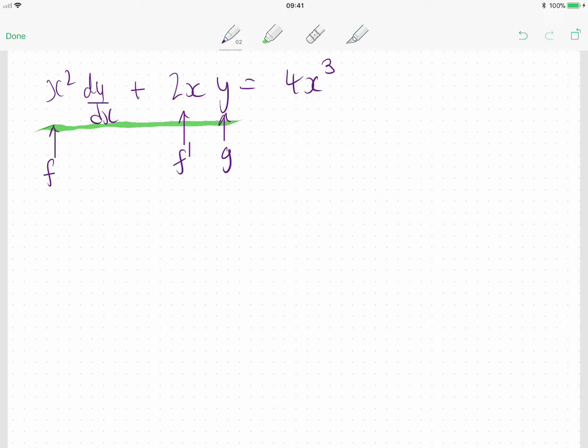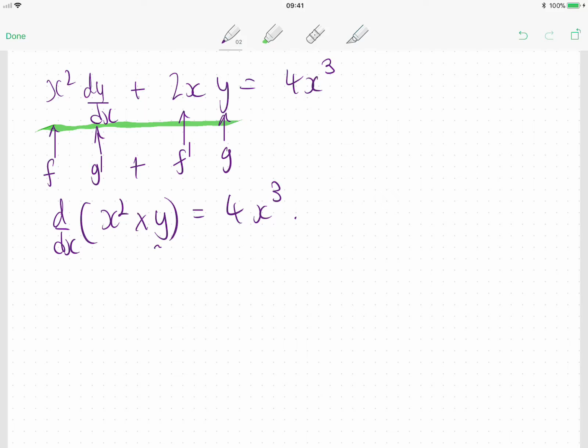Similarly, we think of y as some function g, and here we can see its derivative. So the left hand side looks very much like the product rule, f times g. It's always the product rule of the integrating factor times the answer, which is y. And the right hand side can just stay as it is, 4x cubed.